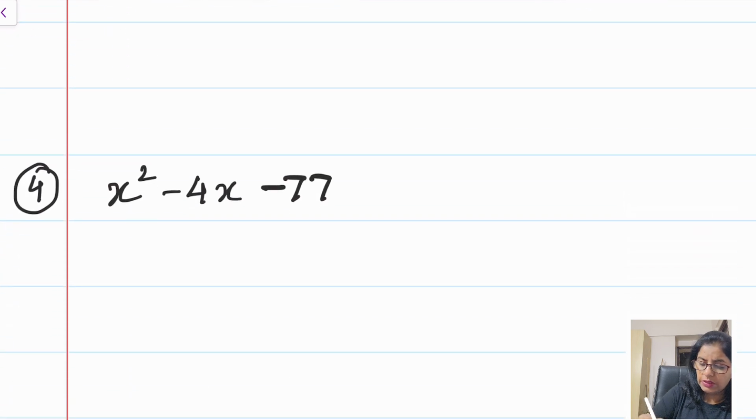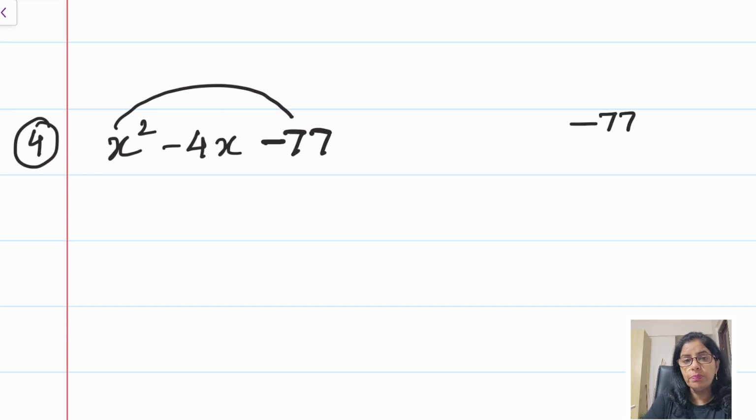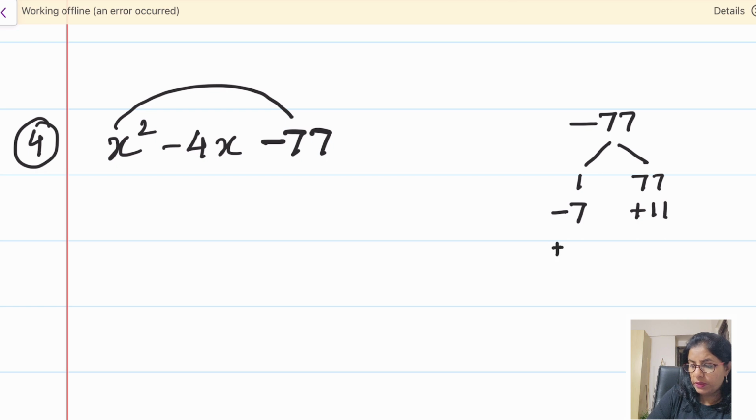Now in this case, the product of the first and the third term is minus 77. That means the factors should be of opposite sign. Let's look for factors. 1 and 77, minus 7 plus 11, or plus 7 minus 11. So how to choose the right answer? I need the middle term as minus 4x.